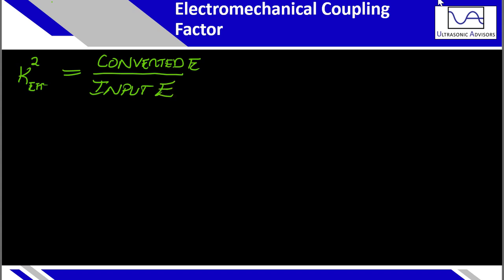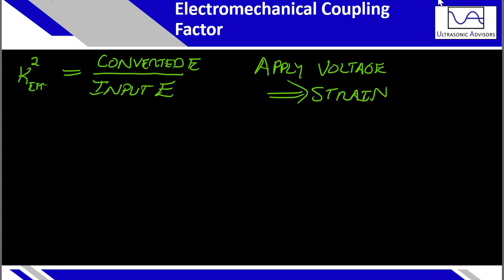So what this means is that for example, you apply a voltage, and that energy is then converted to strain. So now the piezo holds energy, mechanical energy, from that voltage.